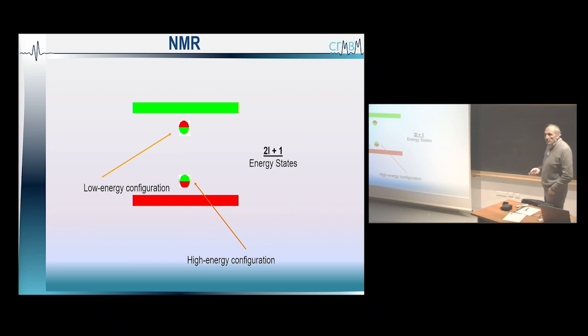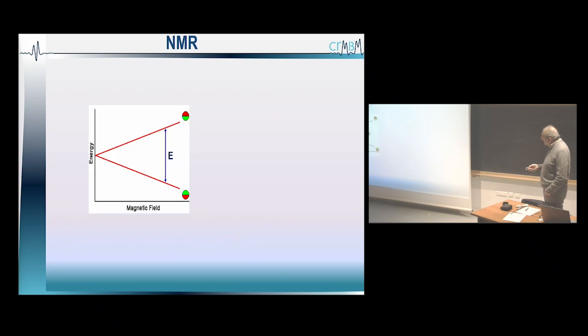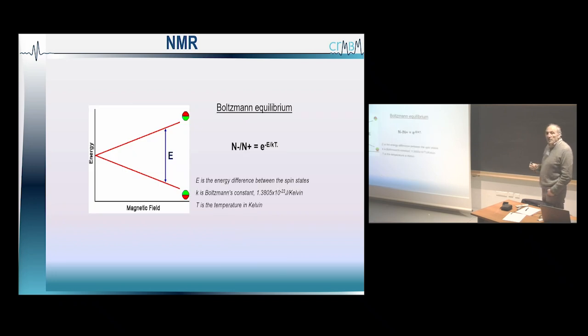So if we move ahead, it's always the same thing: two types of nuclei, some of them in one state, some of them in another state, but the number of nuclei will be different. And if we want to know how many we have in one state and how many in the other state, we need the Boltzmann equilibrium, which very simply gives you the ratio between the number of nuclei in one state and the number of nuclei in the other.